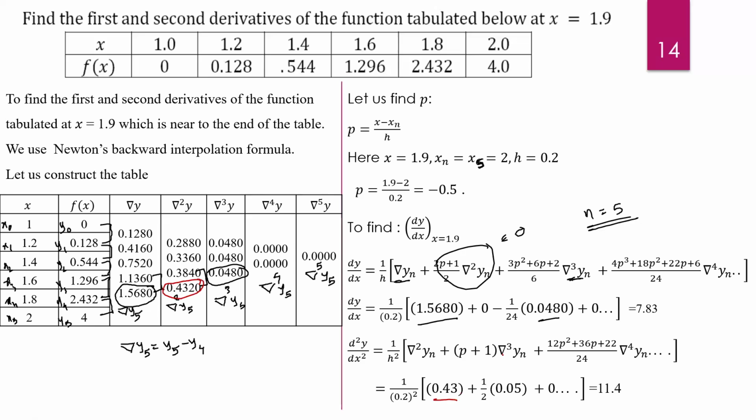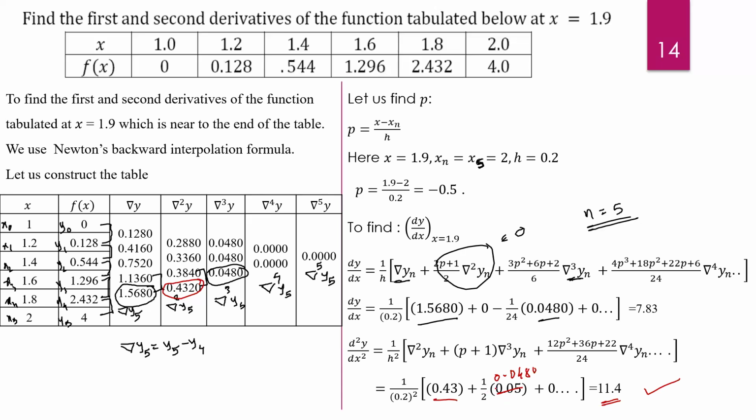Then this is 0.05. Actually, this is 0.0, this value is rounded up. Plus the fourth order is 0. So we get 11.4. In the Excel sheet, this value is rounded up here.